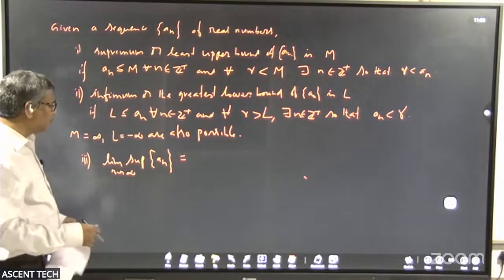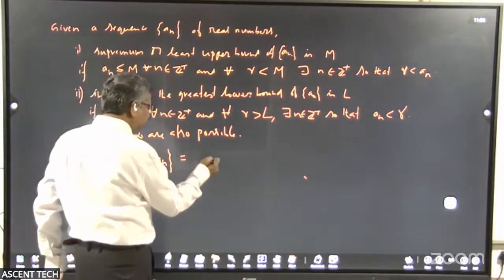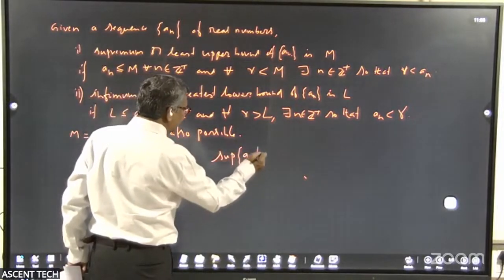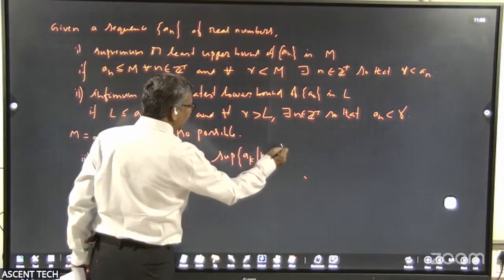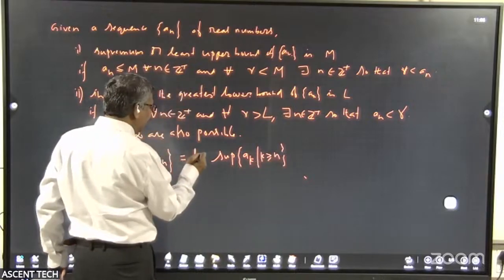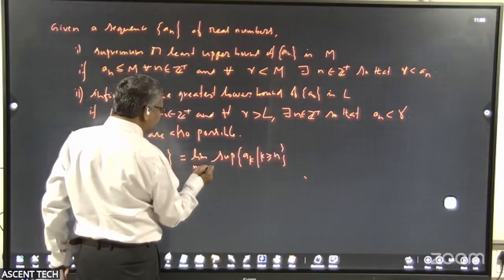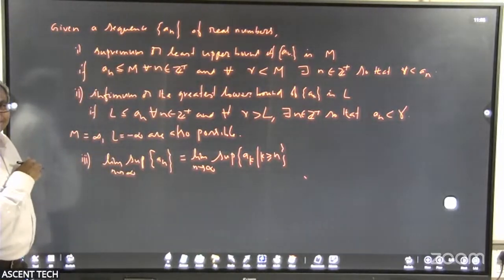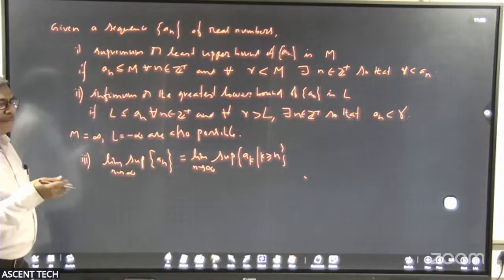Okay, so limit supremum is the following. I look at the supremum of A_k, k greater than or equal to n, and then take the limit as n tends to infinity.